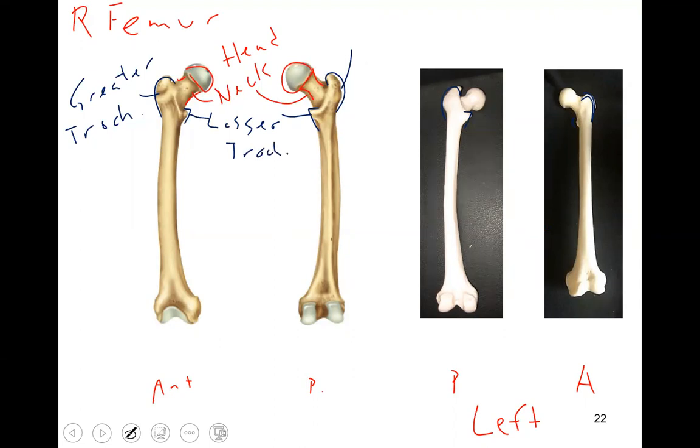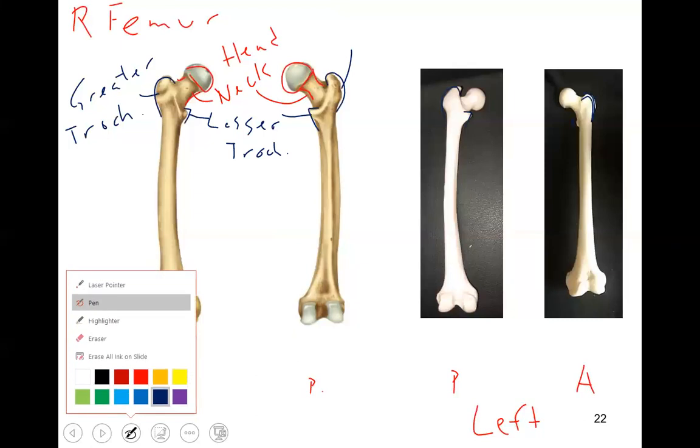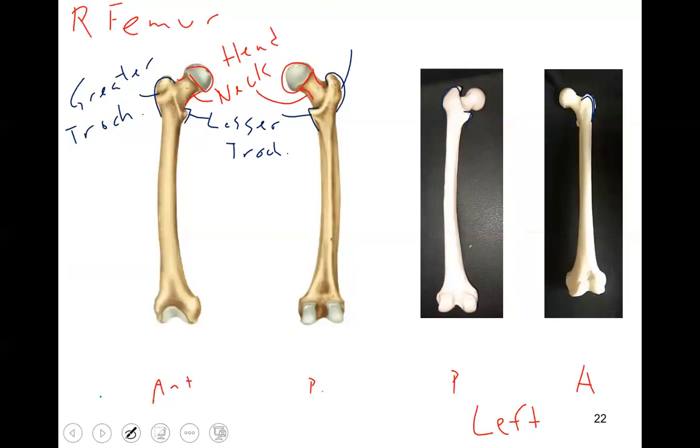Okay. If we look on the posterior side of the bone, what we can see is that the greater and lesser trochanters form almost a triangle, right? And if we were able to play with the bones in real life, you could actually feel that this is kind of a rough patch on the back of the bone, right? And so in this image right here as well, only on the posterior side, we see a rough triangular patch between the greater and lesser trochanters.